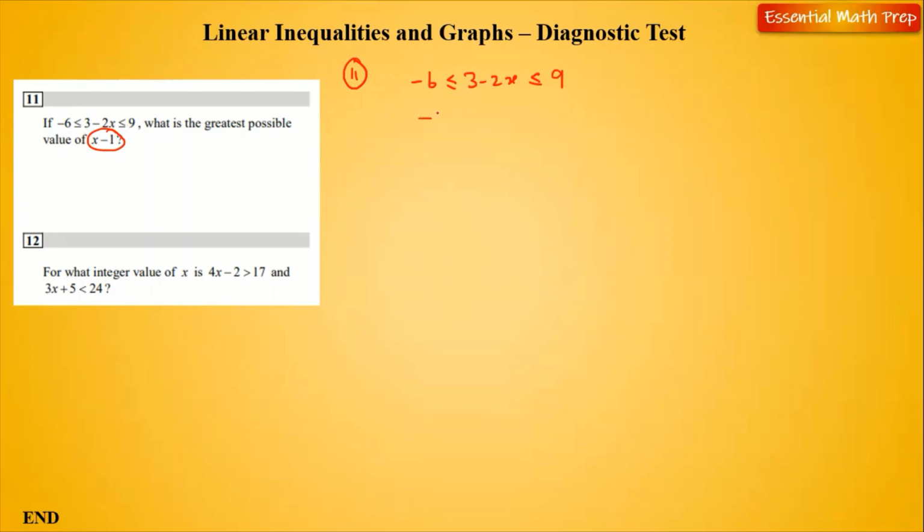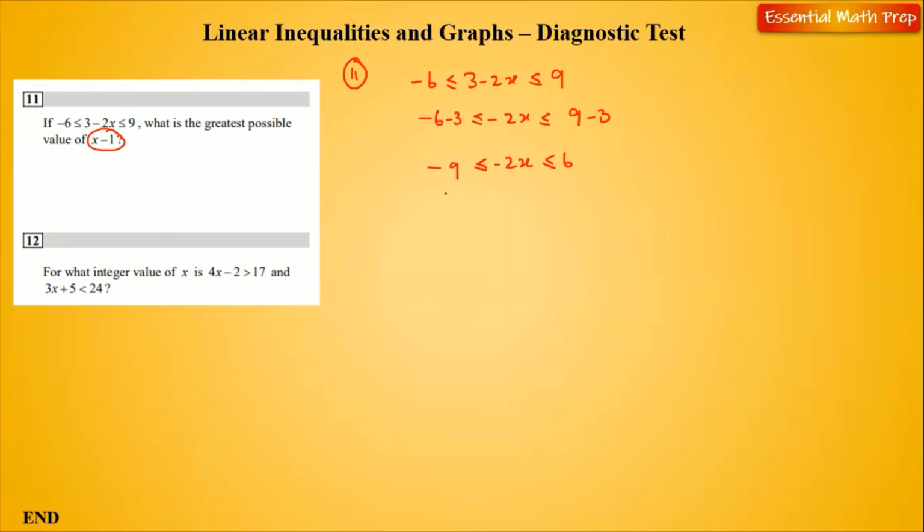Which would give you negative 6 minus 3, negative 2x, less than 9 minus 3. So this would be negative 9 less than or equal to negative 2x less than or equal to 6. Now divide by negative 2, right?